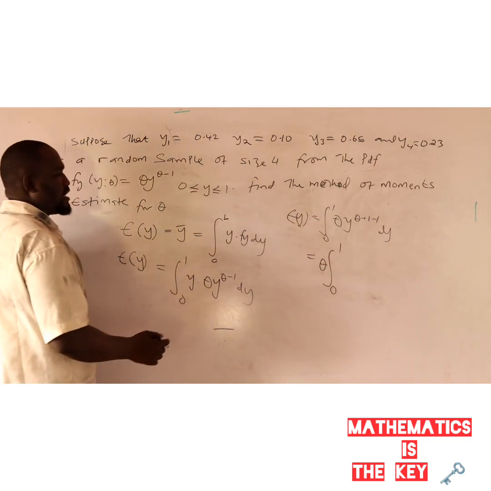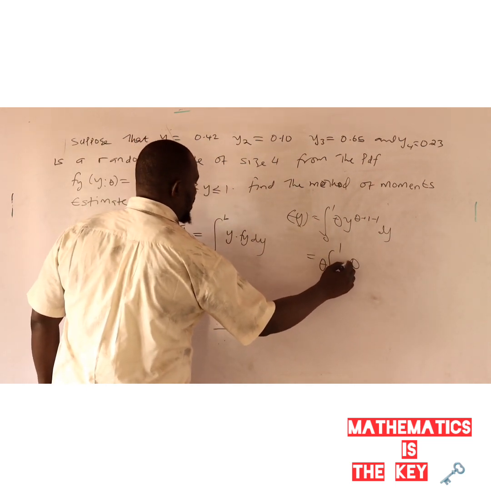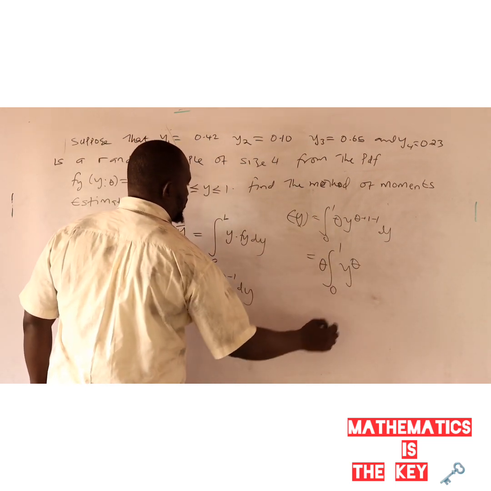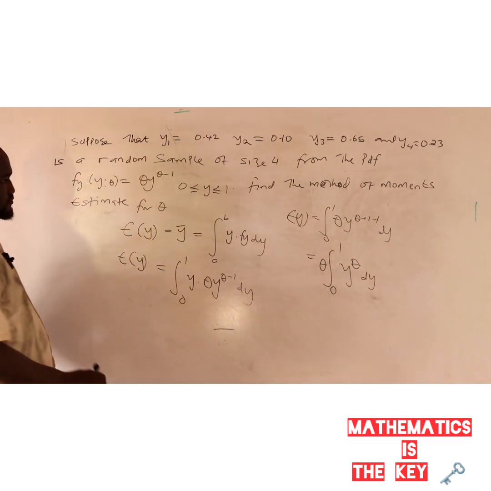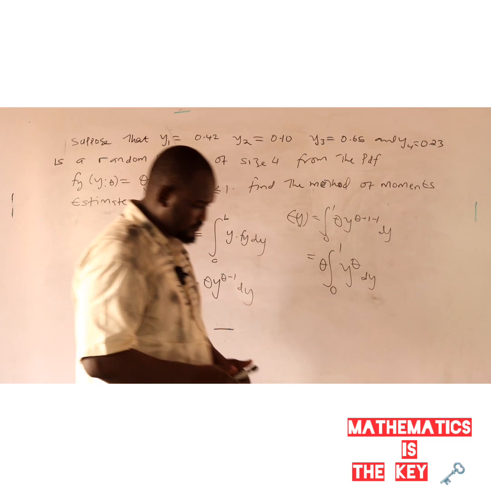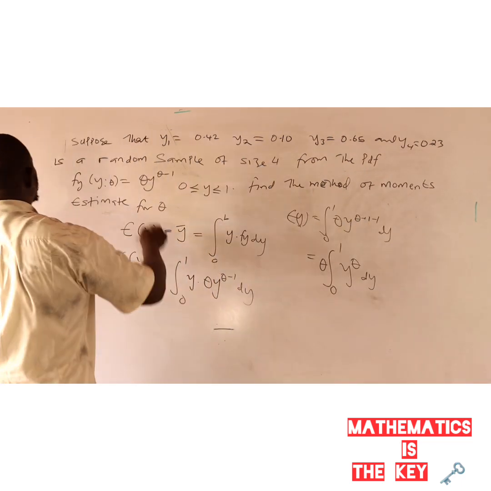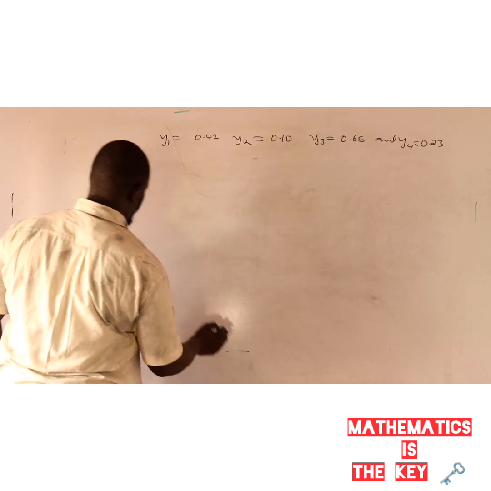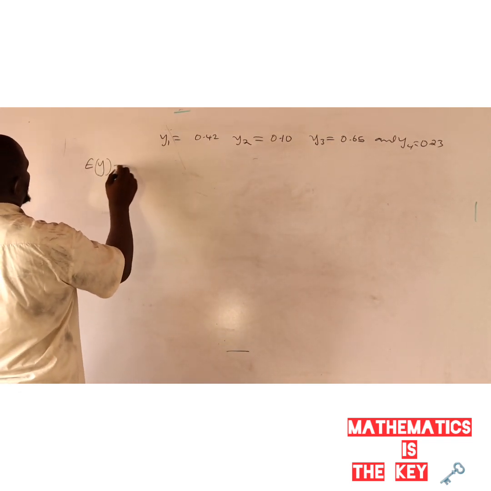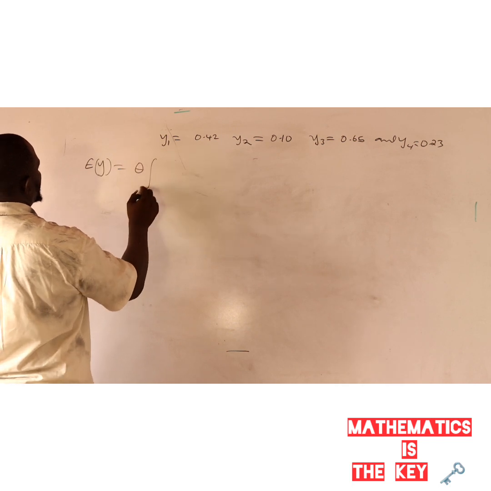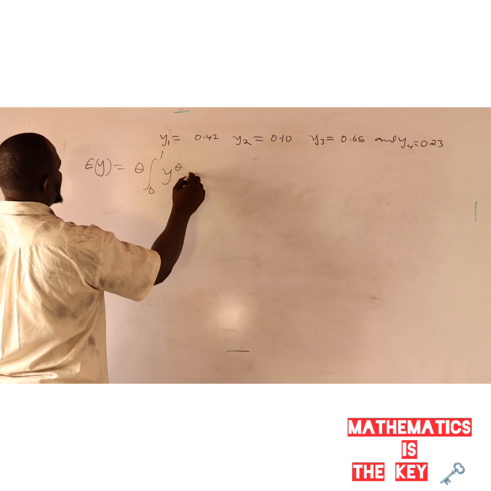We can bring out theta, it is a constant. Then the power here becomes y to the power of theta dy. So we are having expectation of y as theta times the integral from 0 to 1 of y to the power of theta dy.